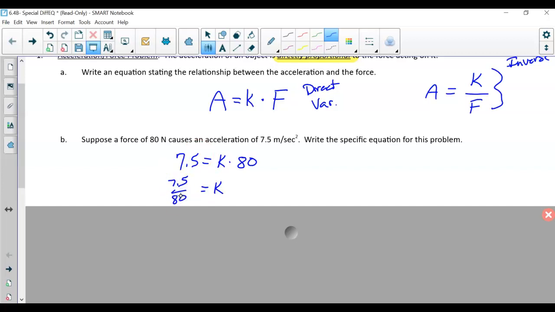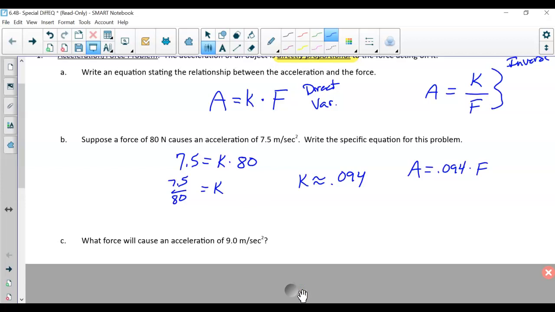So my k is approximately equal to, if I round this to 3 decimal places, 0.094. So the equation that relates a and f is going to be a equals 0.094 times the force. If I multiply the force by 0.094, I will get the acceleration, okay?